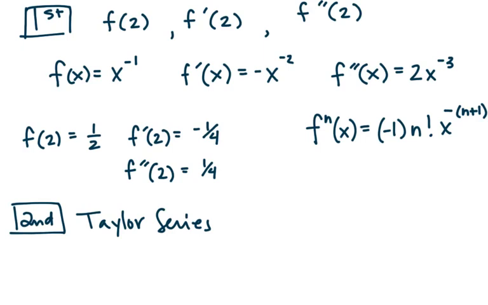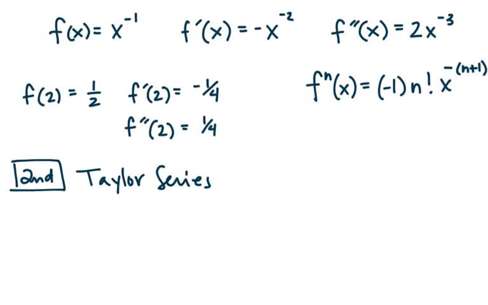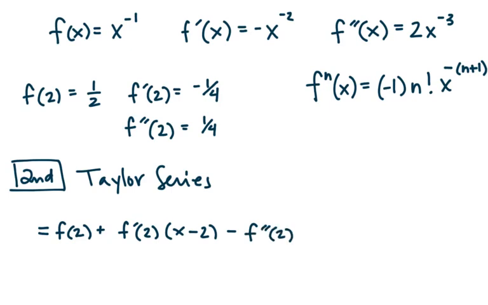And so what this Taylor series would look like, according to our definition, is going to be f of 2 plus f prime of 2 times x minus that a value 2 to the first power, which we don't have to write to the first, plus f double prime of 2 over 2 factorial, times x minus 2 squared.